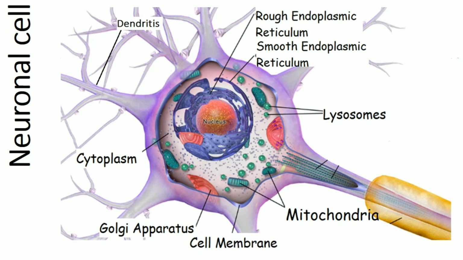In addition to mitochondria, cytoplasm, cell membrane, Golgi apparatus, lysosomes, rough endoplasmic reticulum and smooth endoplasmic reticulum are highly important for the function. And also here I have labeled dendrites, and the neuron can receive signals via those root-like structures, which are called dendrites.